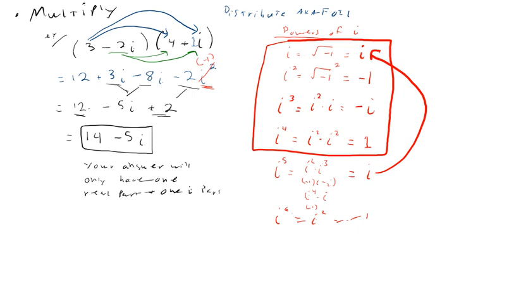i to the 6th power will be the same as i to the 2nd power, which will be -1, right? The pattern just repeats itself. i to the 7th power is going to be the same as i to the 3rd power, which is going to be -i. i to the 8th power is going to be the same as i to the 4th power, which is going to be 1.